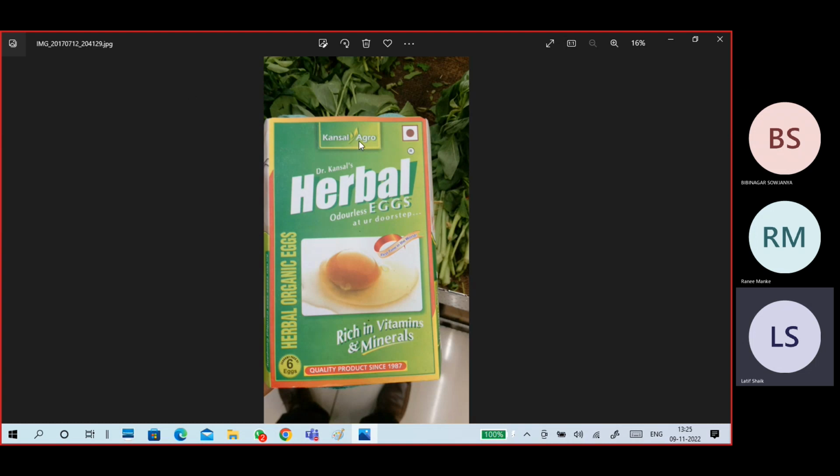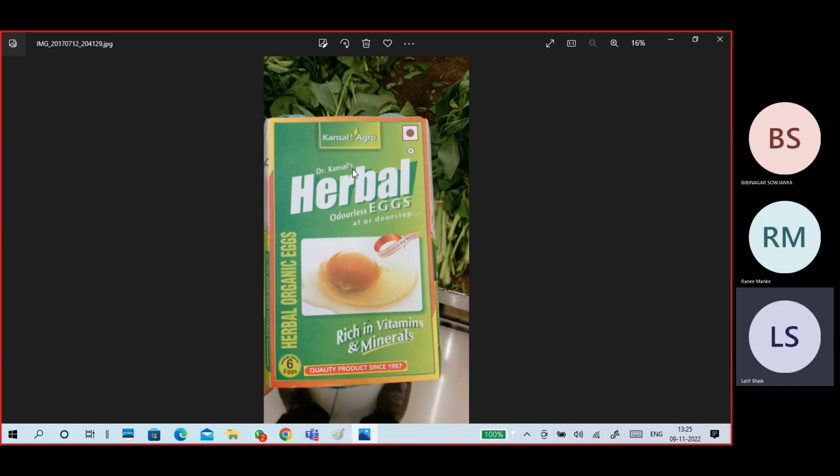I took it on my mobile phone. Maybe at that time I had a Lenovo phone, I think so. So I have taken this picture. It is a herbal egg, odourless. So the eggs don't give you any smell at your doorstep. At your doorstep, you are getting odourless herbal eggs.